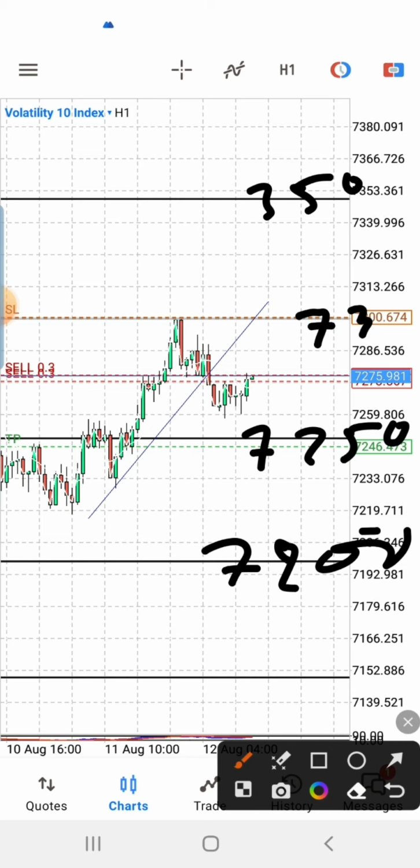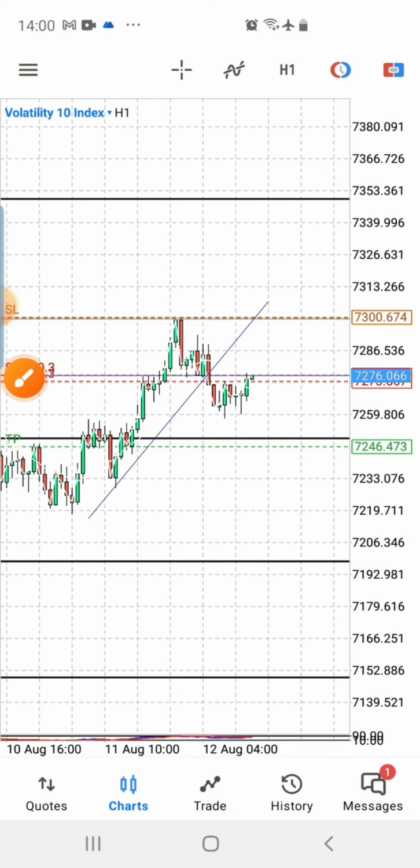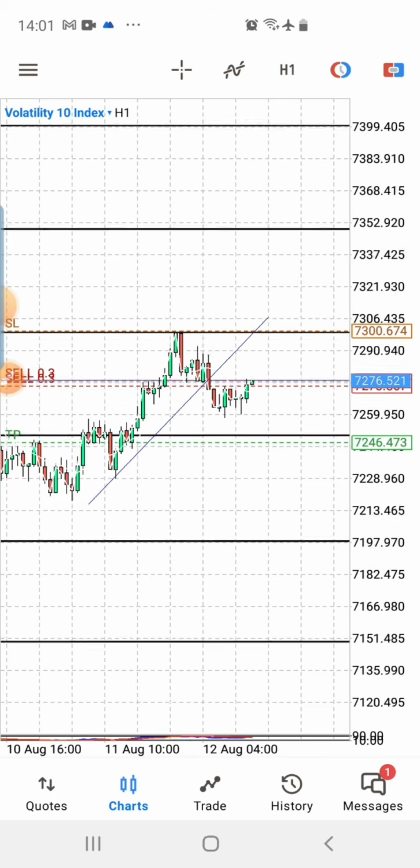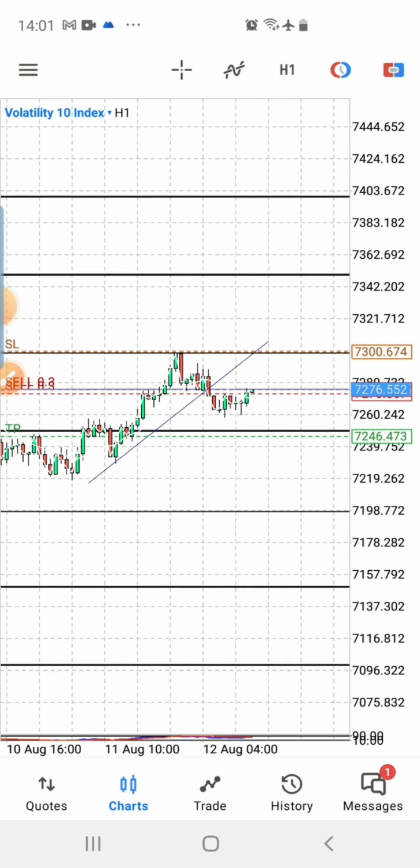So you are going to be marking your own this way. This is VS10. Just go to the 1 hour time frame and start marking this out. Depending on where you are looking at your chart, just make sure you are getting a round number like this one. When you have this, you drop a horizontal line at those levels. That's round numbers.